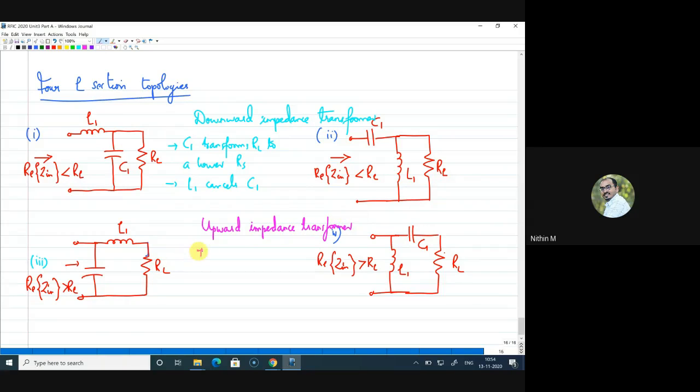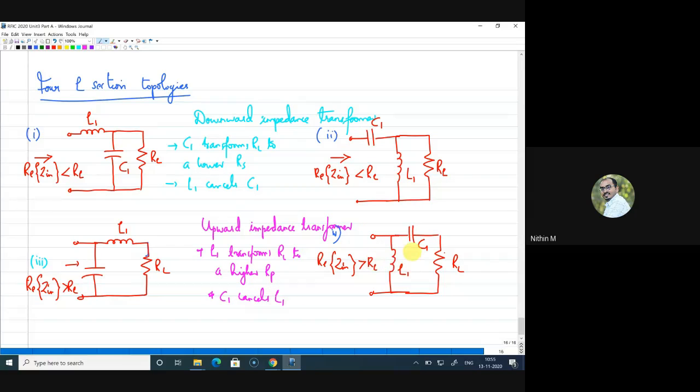So here, in this case, L1 transforms RL to a higher parallel resistance, and C1 cancels L1.